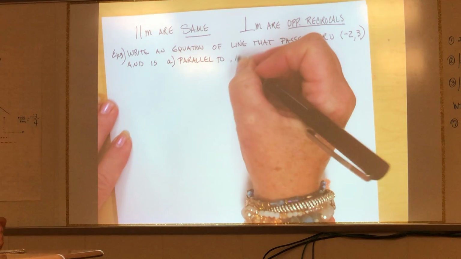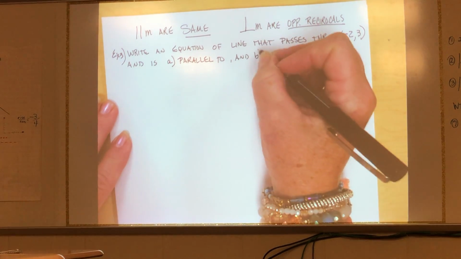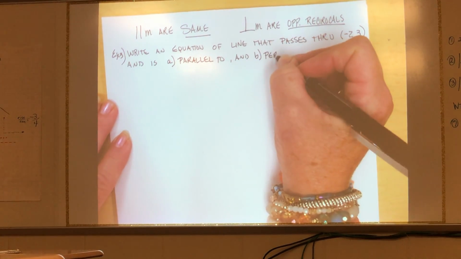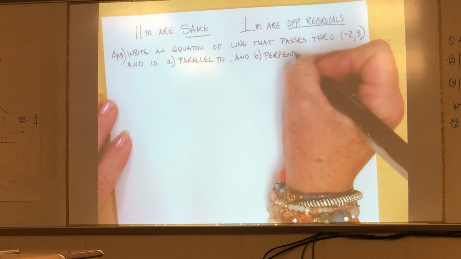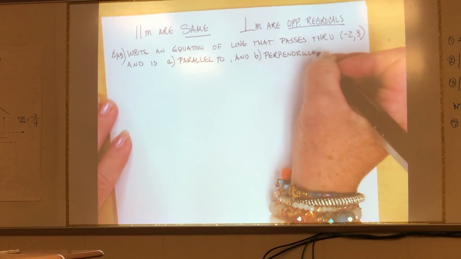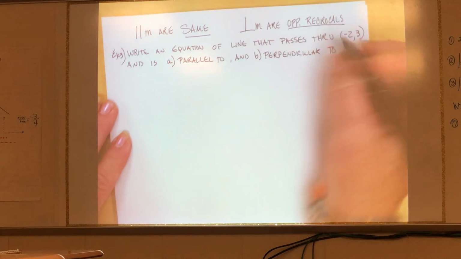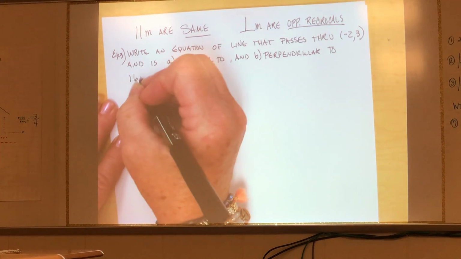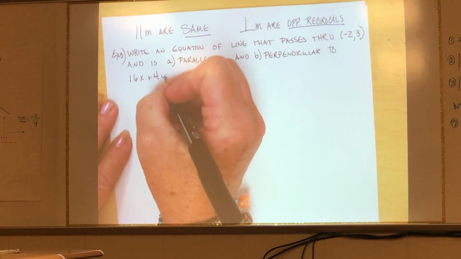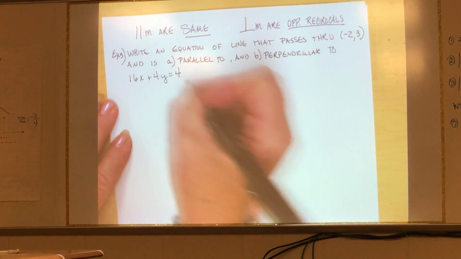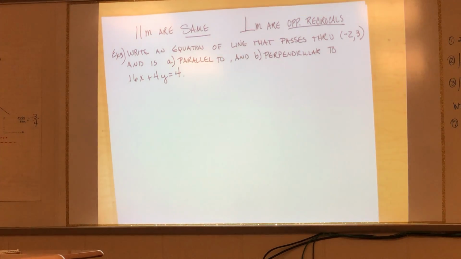So, passes through the point -2, 3, and is A parallel to and B perpendicular to 16x plus 4y equals 4. Okay, so here's my first question. How many answers does this guy have? 2. Do you agree?